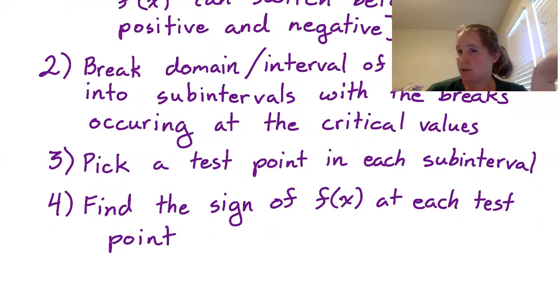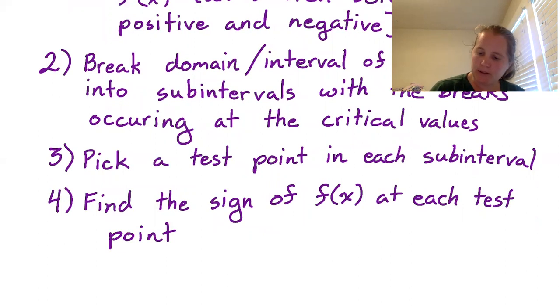Since the derivative can't switch signs until we hit a critical value, so until we go to the end of that subinterval, we find the sign of f prime of x, not of f of x.